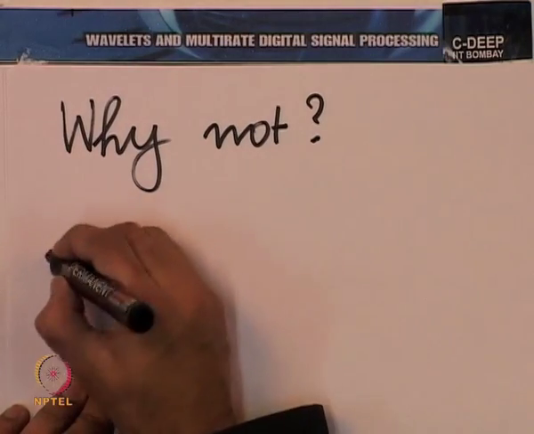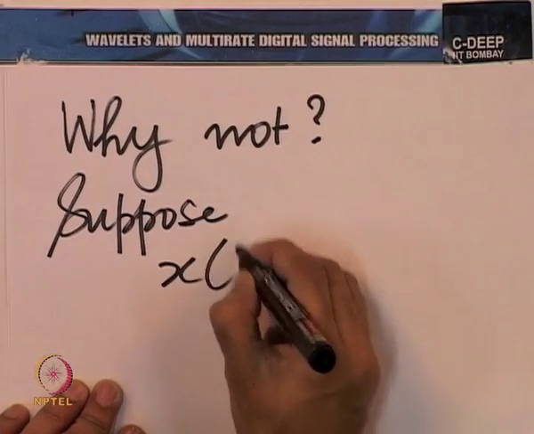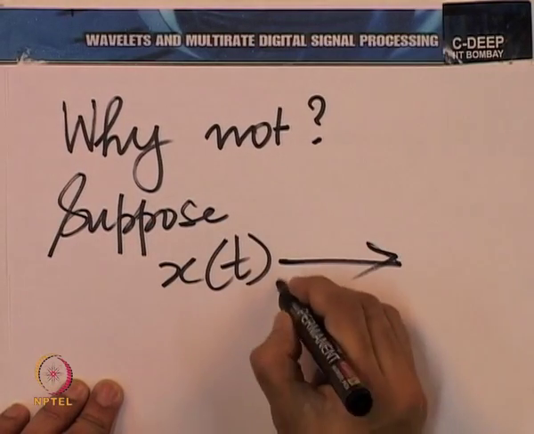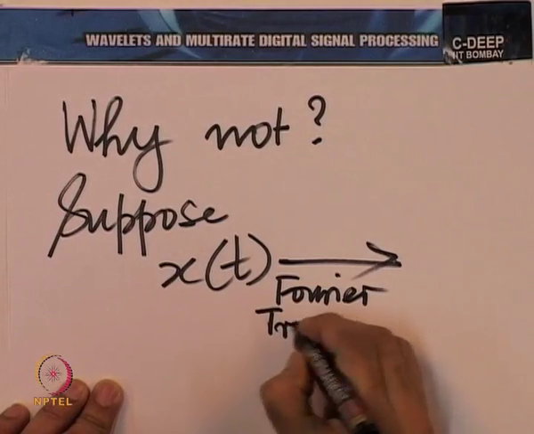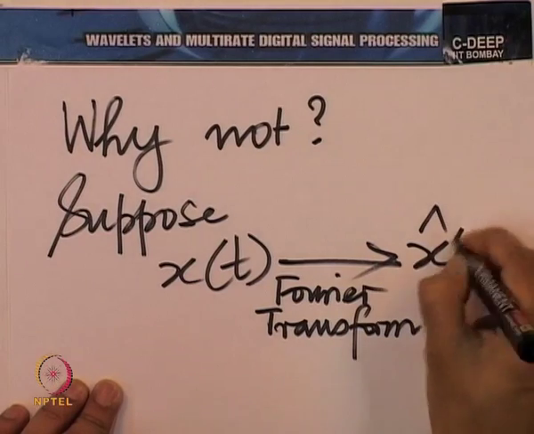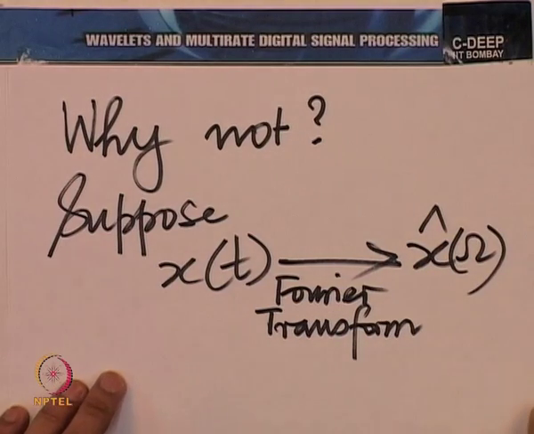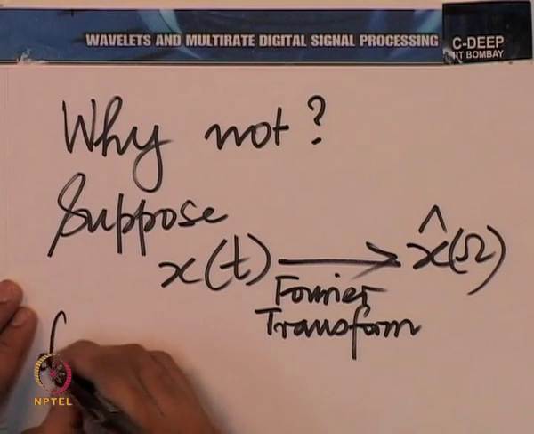Well, suppose x(t) has the Fourier transform X cap(omega). Let us take omega if you like. And let X cap(omega) be compactly supported.